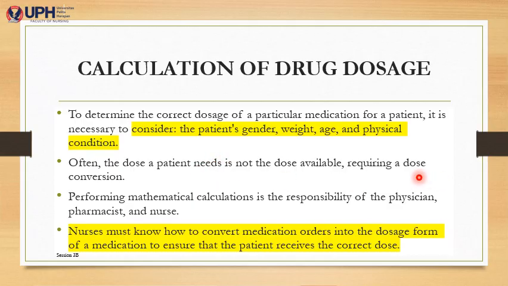So that's why we need to do some dose conversion, and we need to do drug calculations as well, and we need to perform mathematical calculation because it's our responsibility as a physician, pharmacist, and nurse. And as nurses, we know that we must understand how to convert medications order into a dosage form that is then ensuring how the patient receive the correct dosage of the medications prescribed to them.